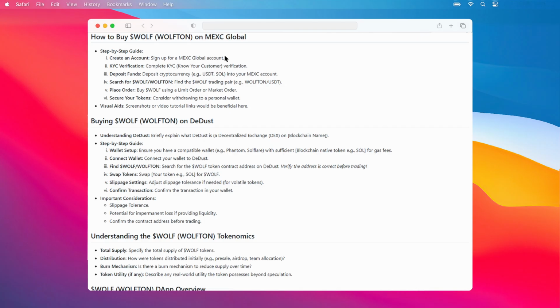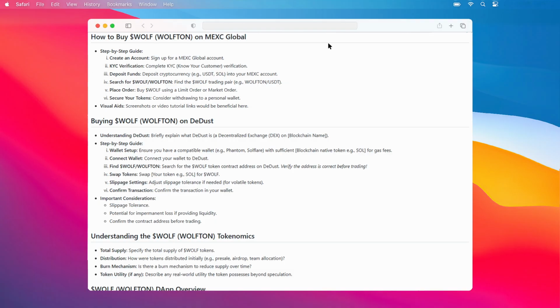Next, search for the $WLF or Wolfton trading pair, for example, Wolfton paired with USDT. Now you're ready to place your order to buy $WLF. You can use either a limit order or a market order, depending on your preference. Finally, for added security, you might consider withdrawing your tokens to a personal wallet after the purchase.